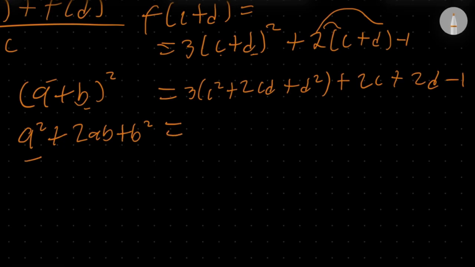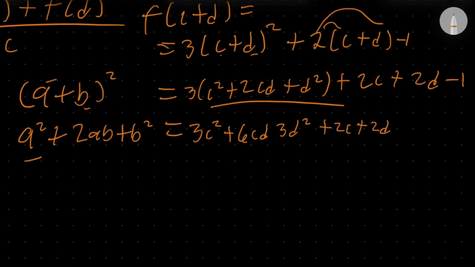Now let us distribute 3 into this equation. 3 times c squared is 3c squared, and 3 times 2cd is 6cd, and 3 times d squared is 3d squared, plus 2c plus 2d minus 1. Now, we don't see any like terms in this equation.